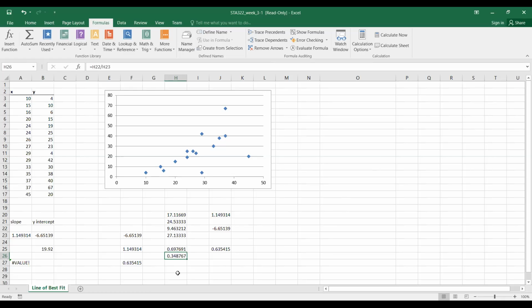So the range is much smaller for X than Y. We expect the coefficient of variation to be much smaller for X than Y. And indeed it is, 0.35 versus 0.7. Make sense?